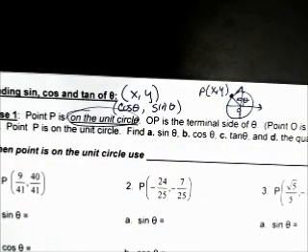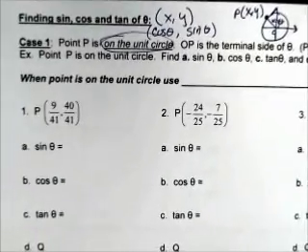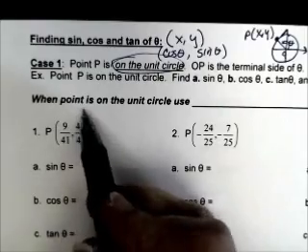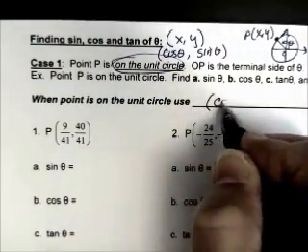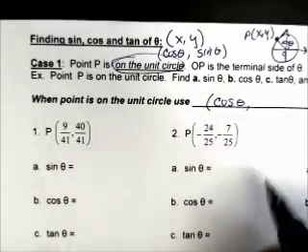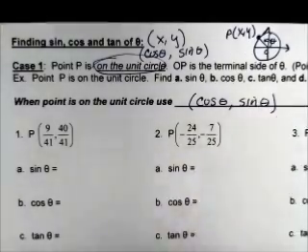What we want to do is find the sine, cosine, and tangent of our angle, and also name what quadrant our angle lies in. Again, when the point is on the unit circle, the x-coordinate is equal to the cosine of theta, and the y-coordinate is equal to the sine of theta.